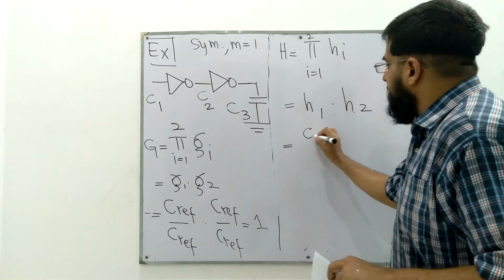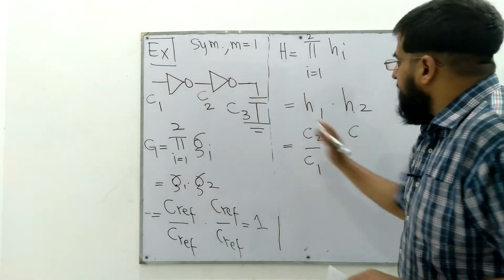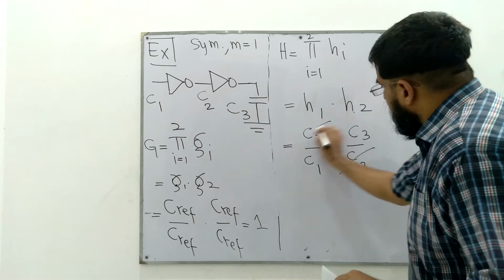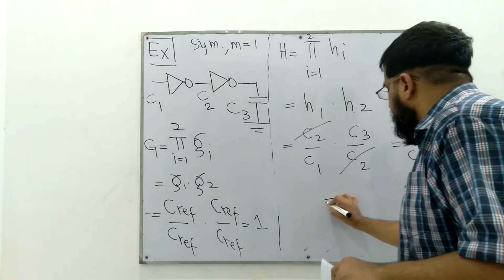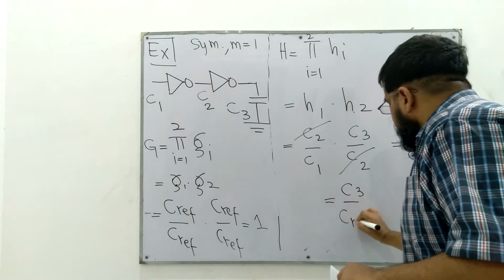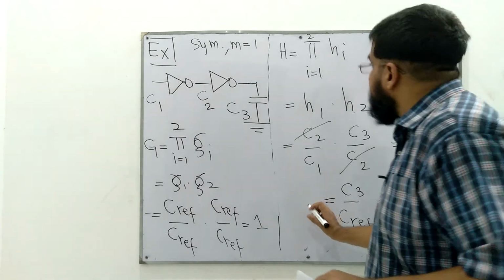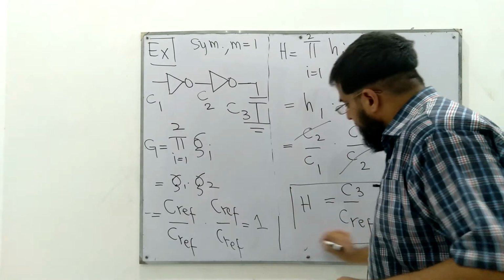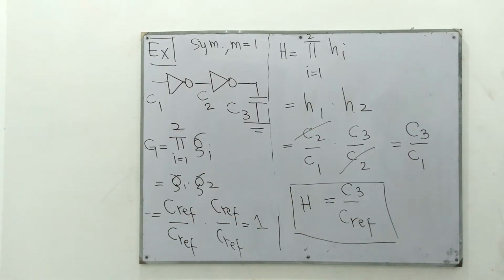For the first gate, it's C2 over C1. For the second gate, it's C3 over C2, so this C2 cancels with this C2, giving C3 over C1. Since the first gate is a symmetric NOT with M equal to 1, C1 is C reference. So capital G is 1, and capital H is C3 over C reference.